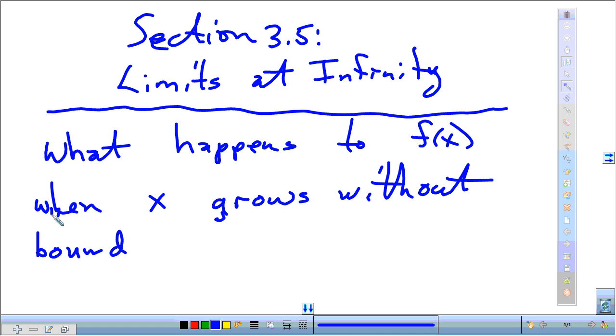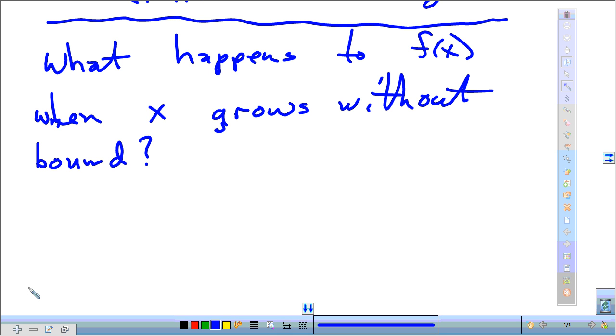So, I could ask, what happens to f of x as x gets larger and larger, or grows without bound? Instead of x approaching some value, we let x get bigger and bigger.